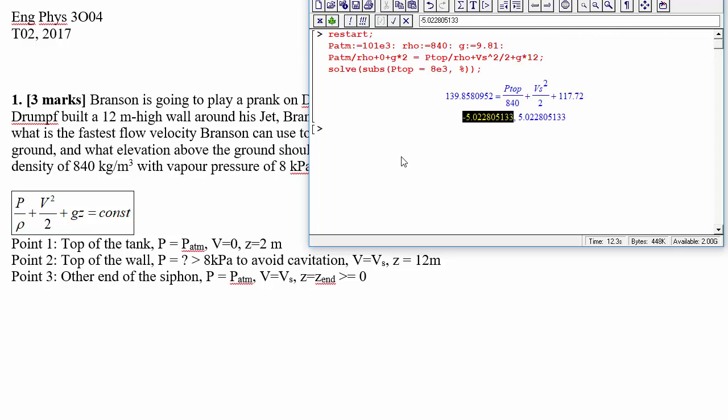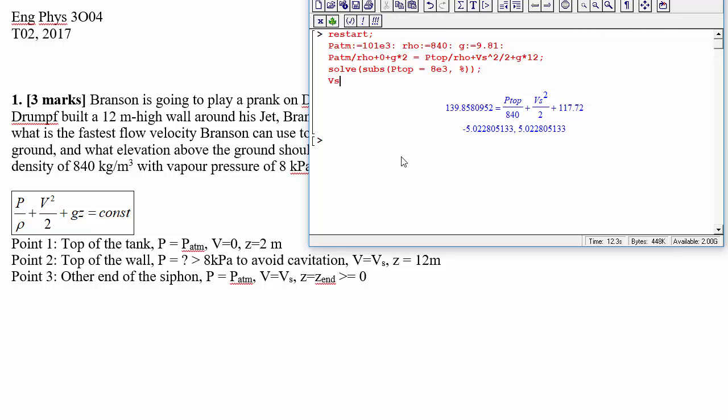It tells us there are 2 possible answers for the velocity, either -5 or 5 meters per second. Okay, so now we're going to say Vs max is equal to that. That's the maximum velocity that we can have before cavitation will start happening.